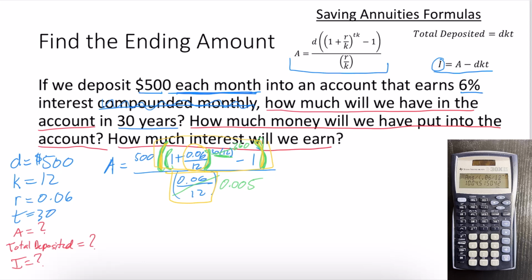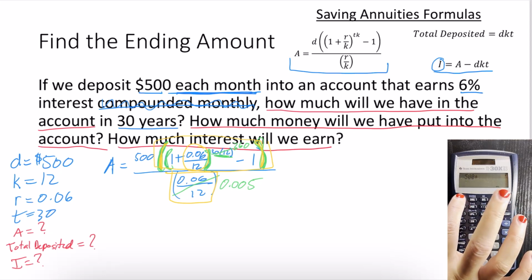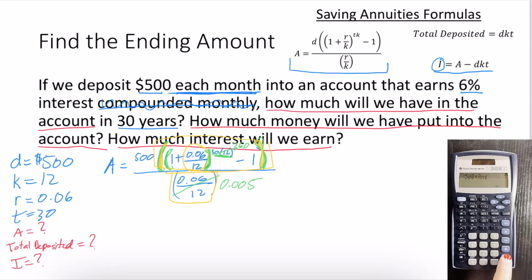And so now that we've simplified that fraction, we're going to multiply that result by 500. Or you could do 500 times it, either way, because multiplication can go in either direction. So we do 500 times that answer we just found, and we end up with the number A equals 502,257.52.